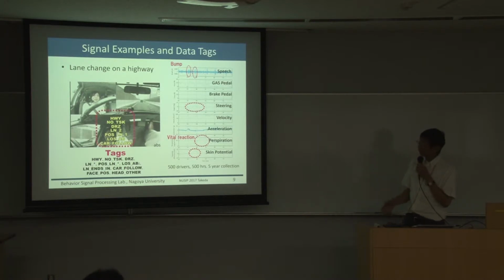Actually, later on, we found that some sensor modalities are not so efficient for research purposes. But for the first stage of research, what we could do was just collect a lot of data.